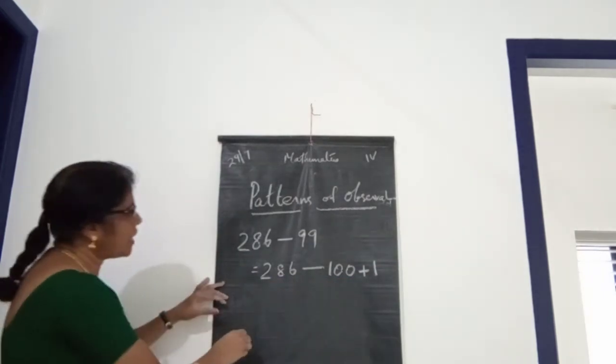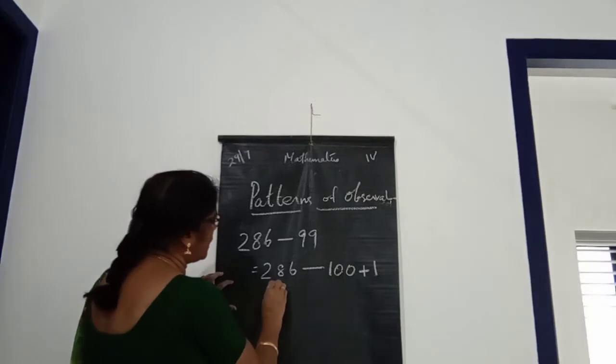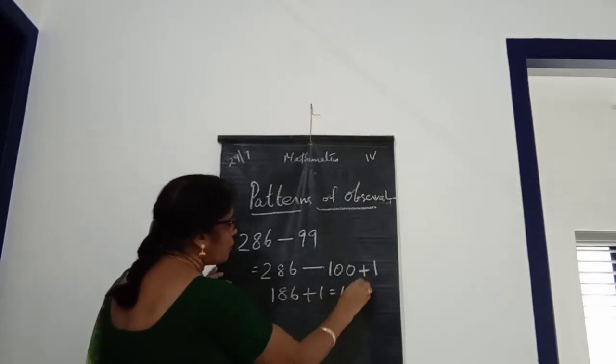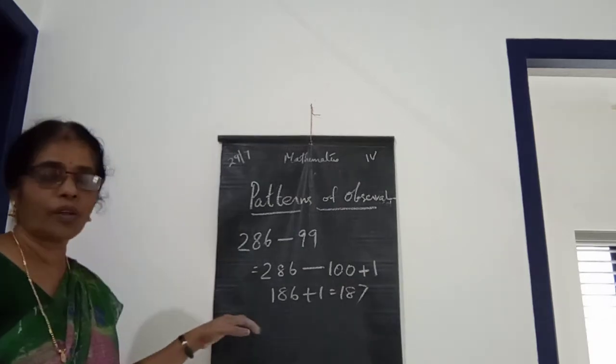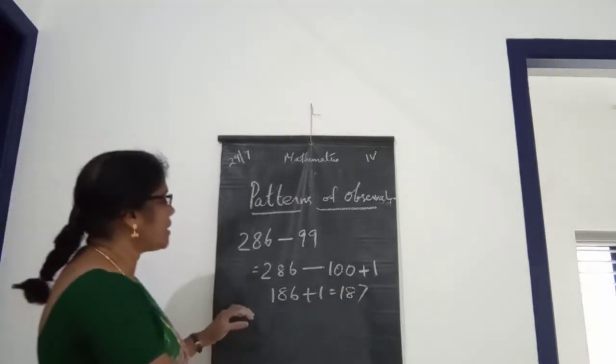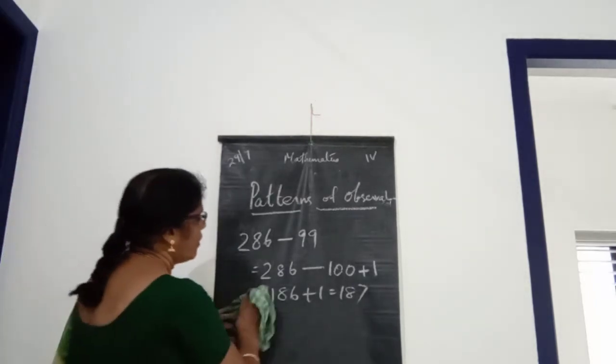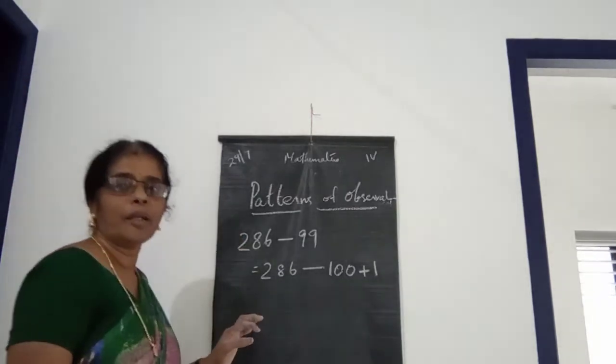Okay. Then what is the answer? 286 minus 100, that is 186, isn't it? Plus 1, that is 187. Okay. Then 286 minus 99 is 286 minus 100 plus 1.